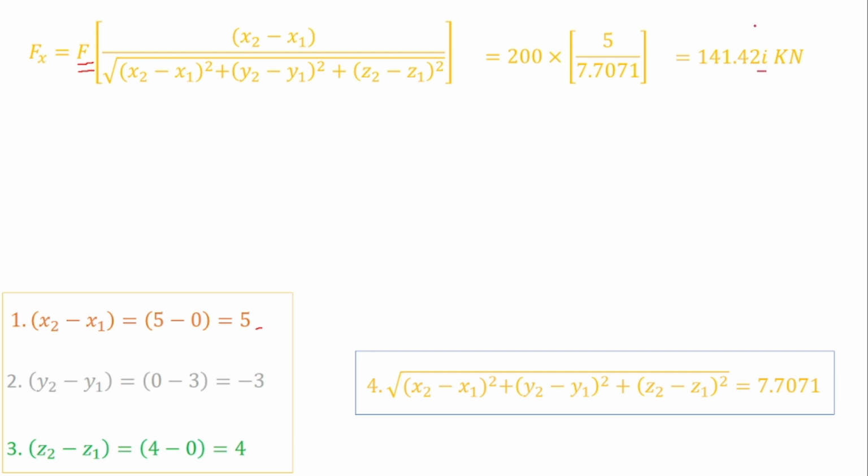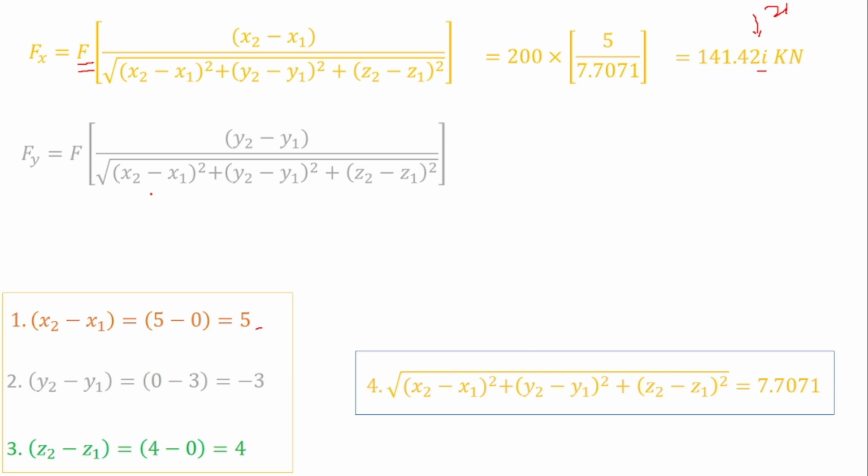Why i? Because it is related to the x-axis. That's why the i component is shown here. Then Fy. Forget the complex calculation. What we will do? We'll multiply the magnitude with (y2 minus y1) divided by 7.071. So 200 into minus 3 divided by 7.071.